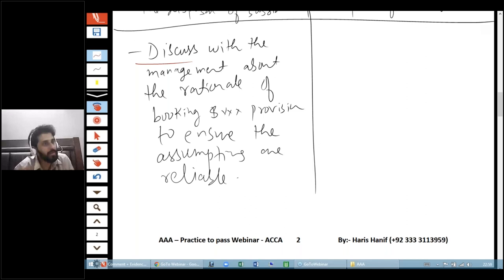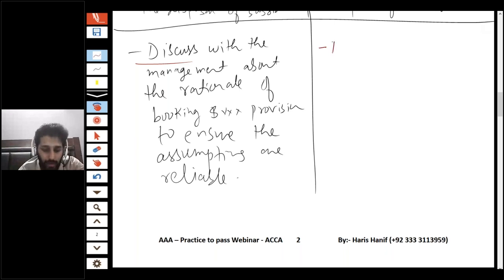I am asking Mr. Finance Director, what is the reason of booking this provision? And that Finance Director is actually telling me his assumption, and I'm simultaneously noting it down, and I will be attaching it in the working paper file. Now, what evidence will you expect from me?